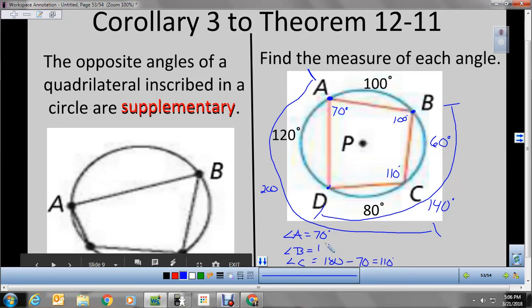So angle B is going to be 100. And then angle D, our last angle, is going to be supplementary with angle B. So that means that this is going to have to be 80 degrees. So it helps to start by finding all the arc measures as you go around the circle, and then go back and find one angle, find its supplement, find another angle and its supplement, and then you're done.